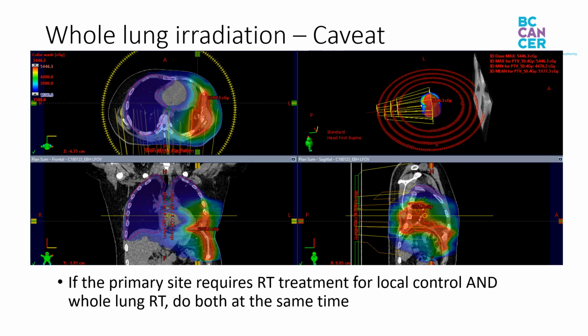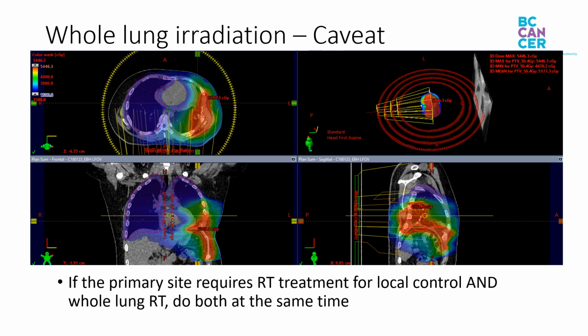The caveat with whole lung irradiation is that if a primary site requires radiotherapy and it is close to the lung, then rather than waiting for all cycles of chemotherapy to finish and then give whole lung irradiation, it is best to give whole lung radiation with primary site radiation therapy at the same time. For instance, this is an example of a left seventh rib that required adjuvant radiotherapy after surgical resection due to a microscopic positive margin.